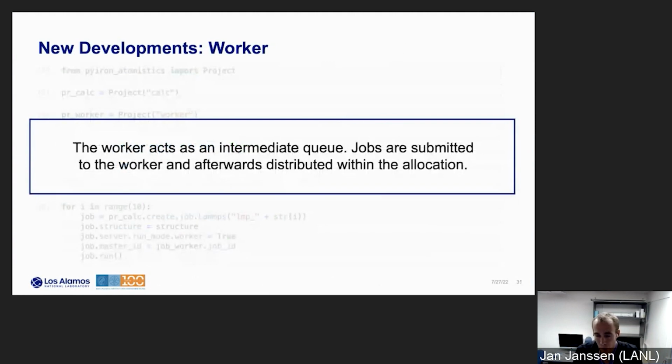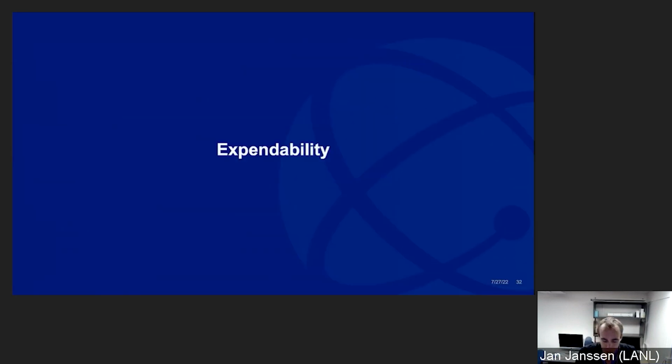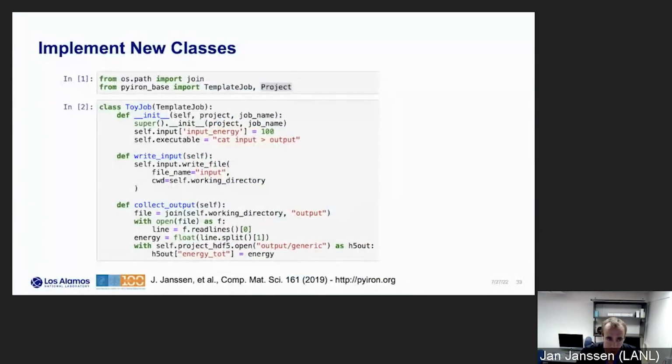So moving on, while we already have quite a huge adoption in the atomistics community, the next step for us is basically how can we extend it and make it easier to also integrate other simulation codes. So here I just want to show a quick example of how to integrate a new simulation code or software, any kind of software code basically, inside our software framework.